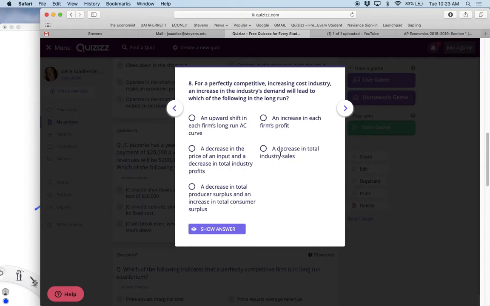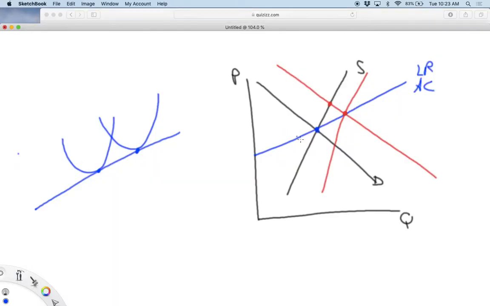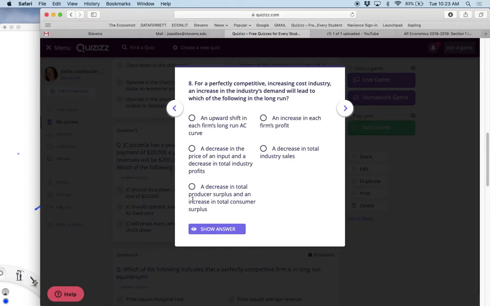In fact, industry sales must be increasing, right? Because you see total quantity sold is actually increasing. We can't say anything about producer surplus. In fact, we know profits are going to be zero. So the producer surplus will be zero anyway. A decrease in the price of an input and a decrease, no, it's not true. So actually the only answer is this one.